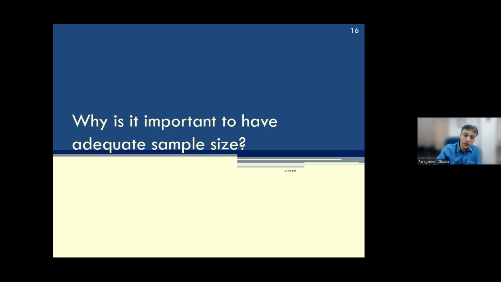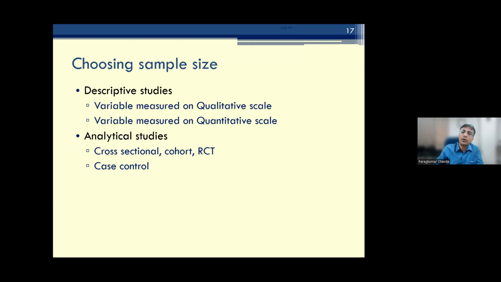So that was the conceptual understanding about how large the sample size can be. Now let us use statistics to understand that better. Conceptually it is understood, but what actually has to be done? So what does the sample size calculation depend on? It depends on your research question, whether it is descriptive or analytical. If the research question is descriptive, sample size calculation is a little easy.